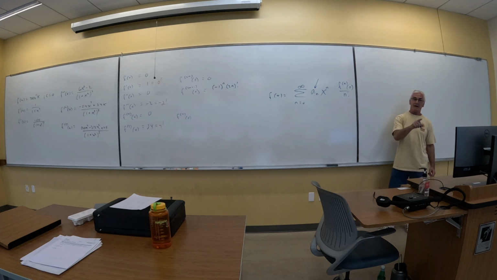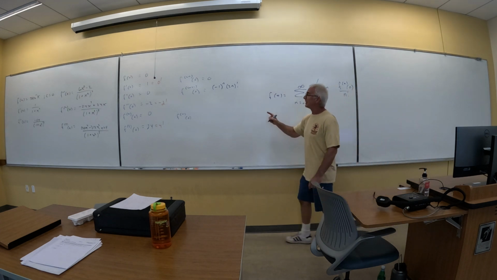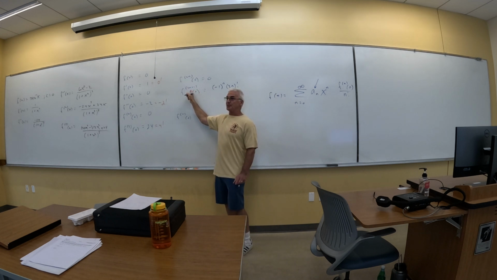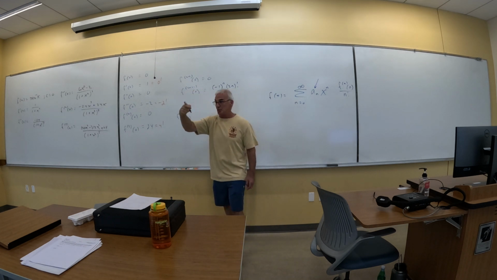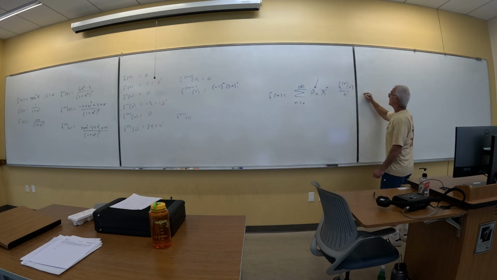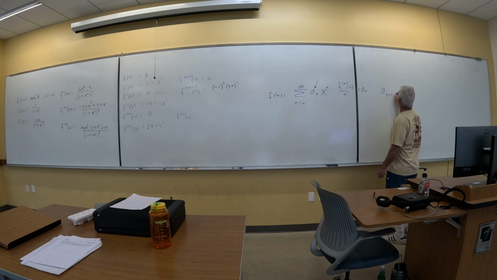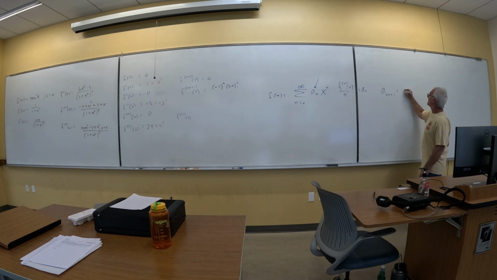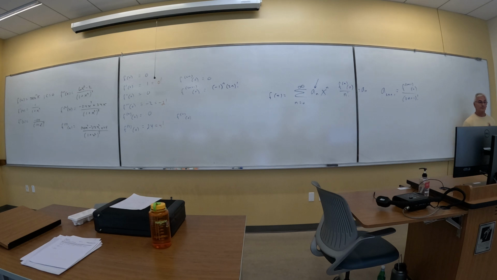Now what do we have? We have the 2n plus first term. So we're not going to have an n, we're going to have a 2n plus 1 in our formula. So let's go a step further. This is a n. So what would a 2n plus 1 naturally then be? It'd be the 2n plus first derivative evaluated at 0 over 2n plus 1 factorial.